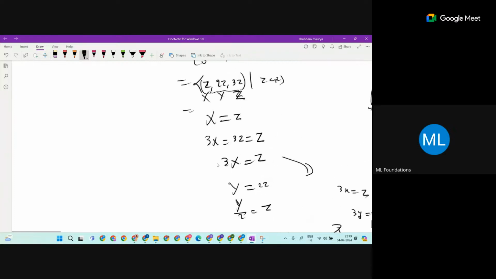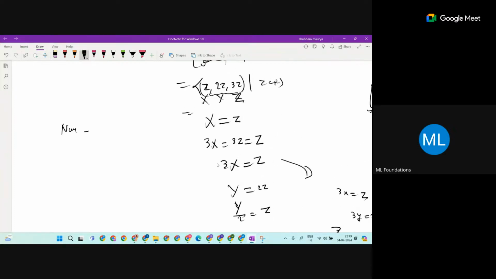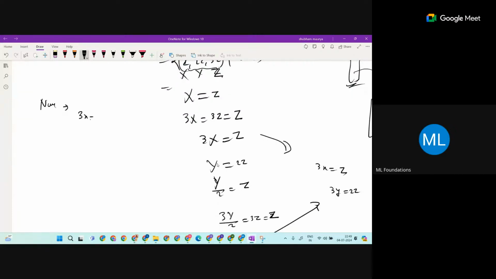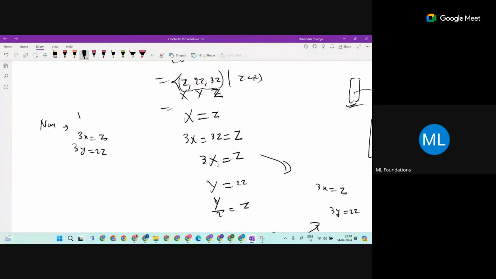That means null space is the solution of this system of linear equations: 3x is equal to z and 3y is equal to 2z. So from here you will get the matrix form.